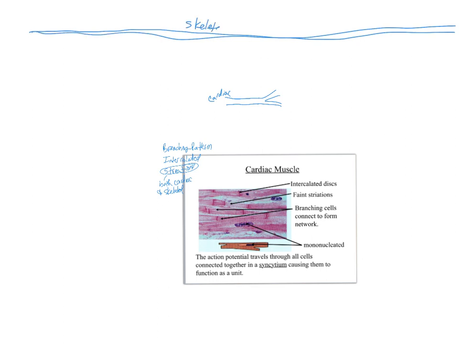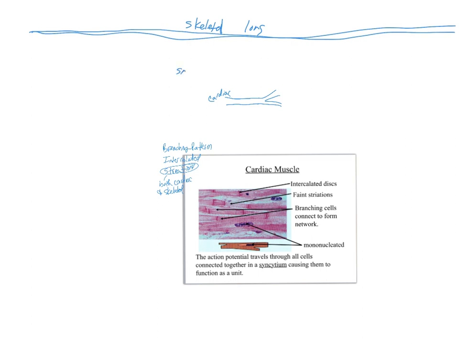Notice what I've done. Skeletal is really long. Cardiac is much shorter. Skeletal muscle cells usually are so long they do not all fit on the slide, but I can get a lot of cardiac cells on a slide.